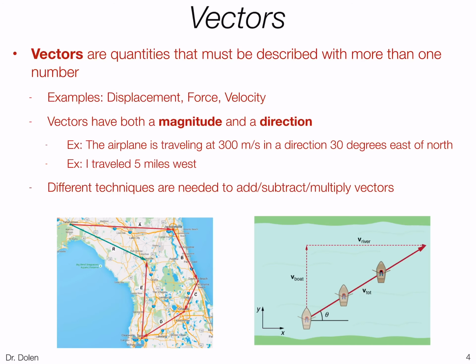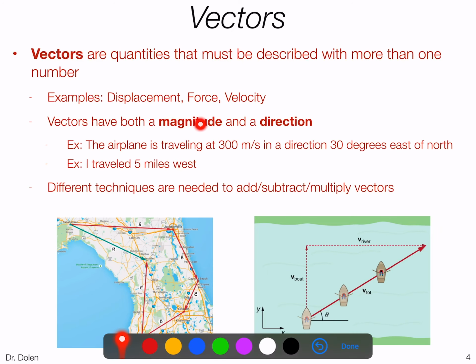Okay, so with vectors, again, anytime you need to describe something that has more than one number associated with it, you need a vector, right? Vectors have both a magnitude and a direction. So something like displacement, I traveled 3 meters east, right? That's an example of displacement. It tells you how far you've traveled and in what direction. Force is a vector.